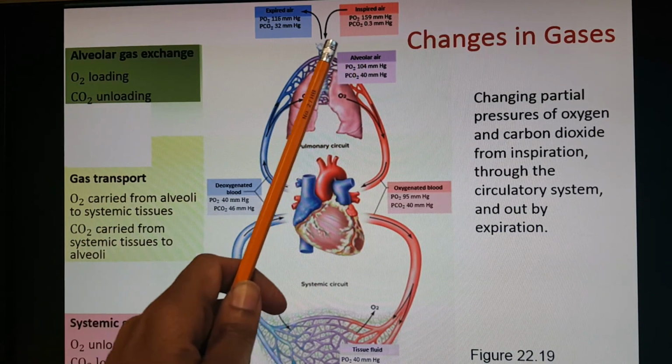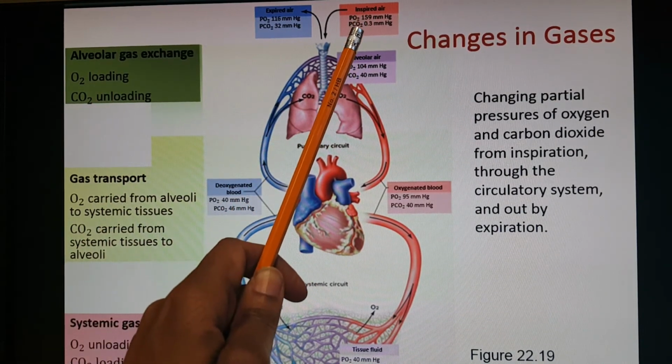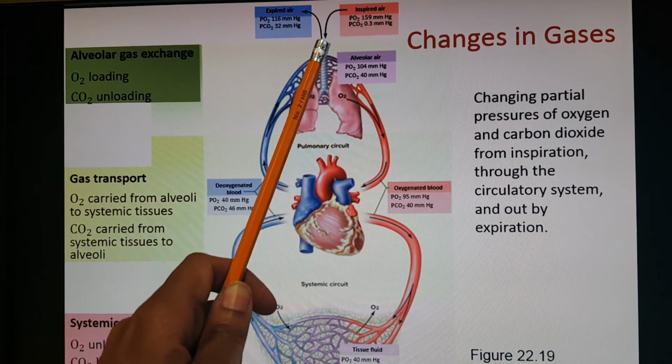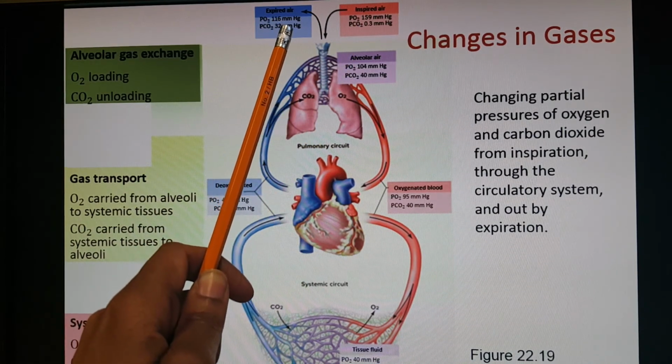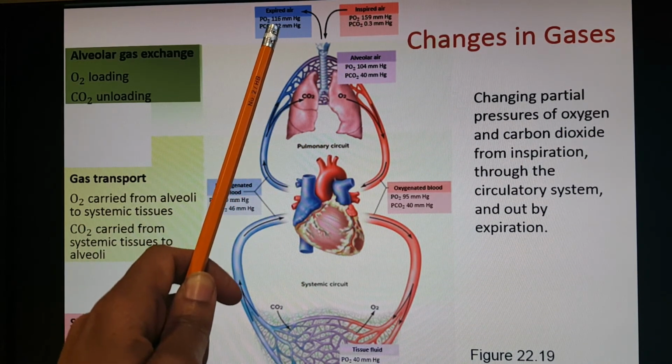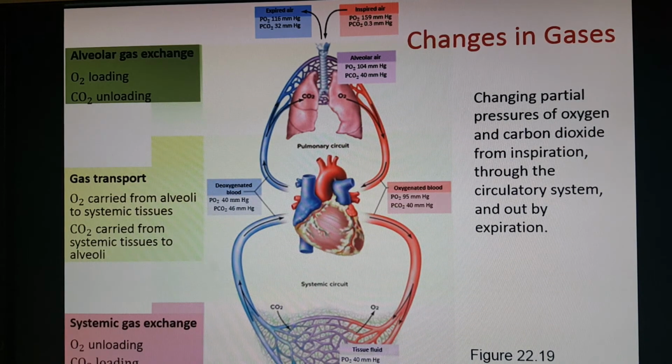So there is limited difference between your inspired air partial pressure for oxygen and your expired, or breathed out, air partial pressure for oxygen. This allows your expired air to be safely used as a rescue breath during CPR, where you have enough oxygen in your expired air to give the person enough air to continue their breathing.